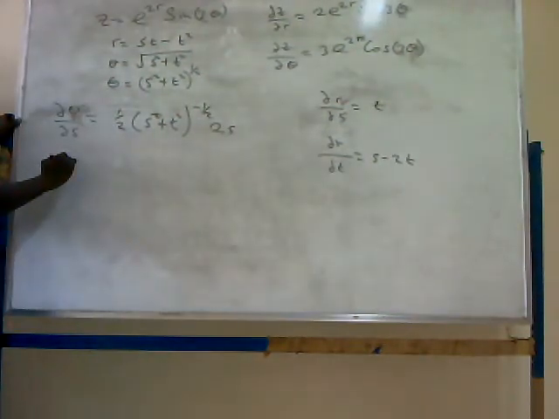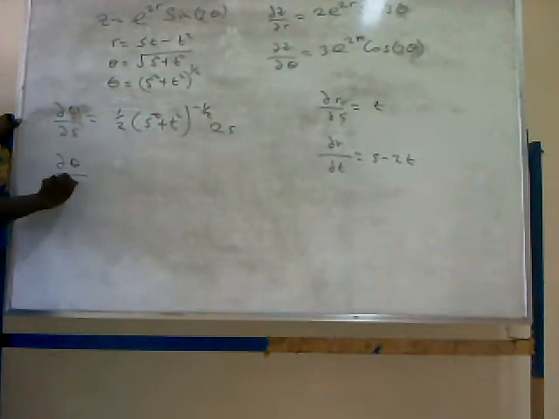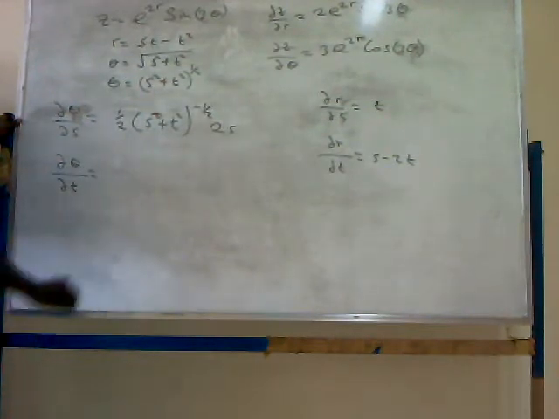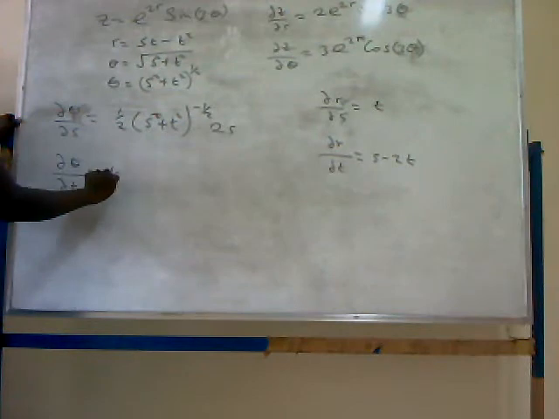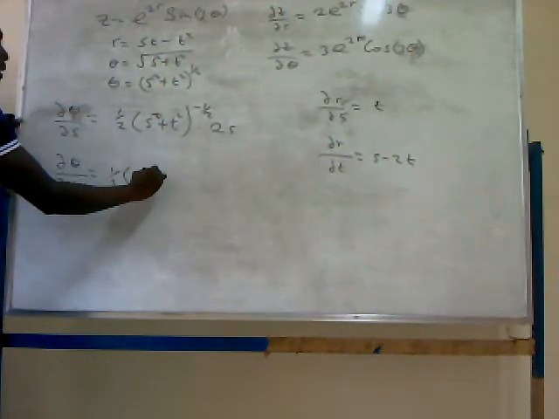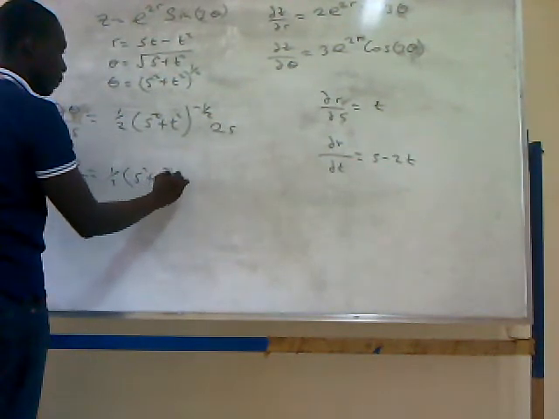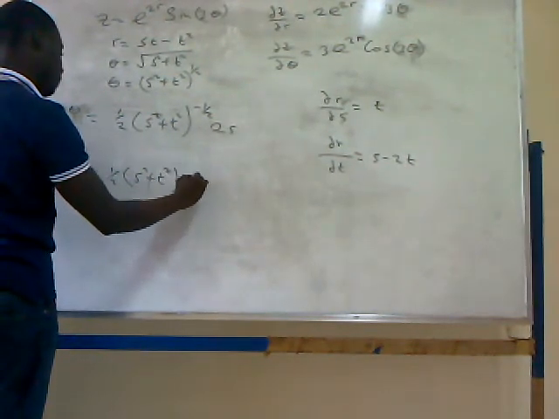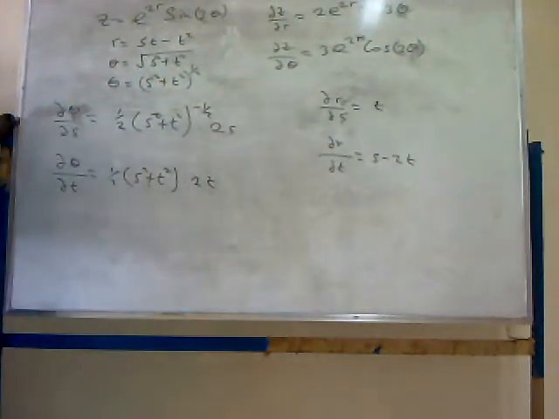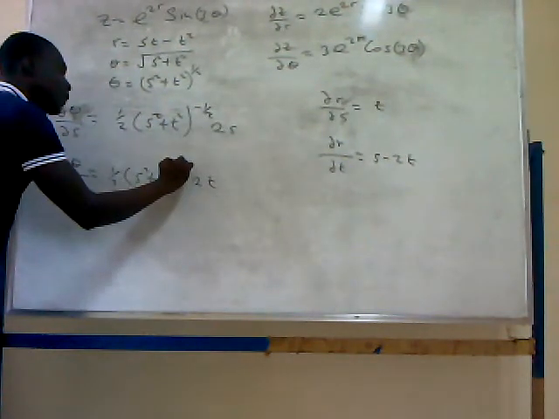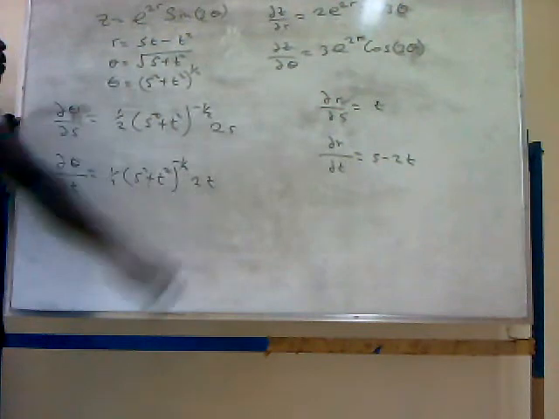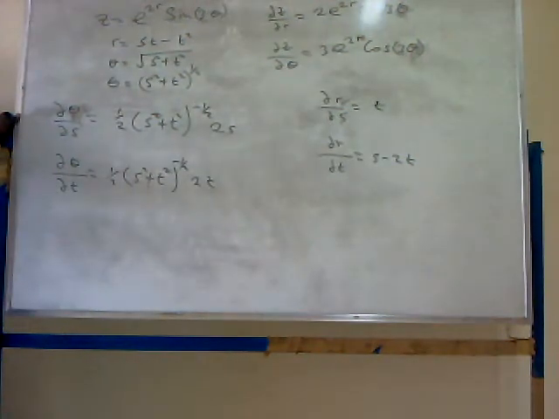Next, the del theta del t, half s squared plus t squared to the power minus half, times 2t. Of course, take one out of the power. Next, we replace them where they are supposed to be. And we are fine. Let me do it down here.